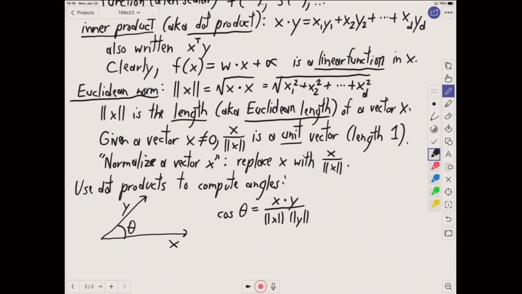And if you pull this apart, you'll notice that this is really an inner product between two unit vectors. That's how I remember it anyway, that this formula is really referring to just the inner product between two unit vectors pointing in the appropriate directions.